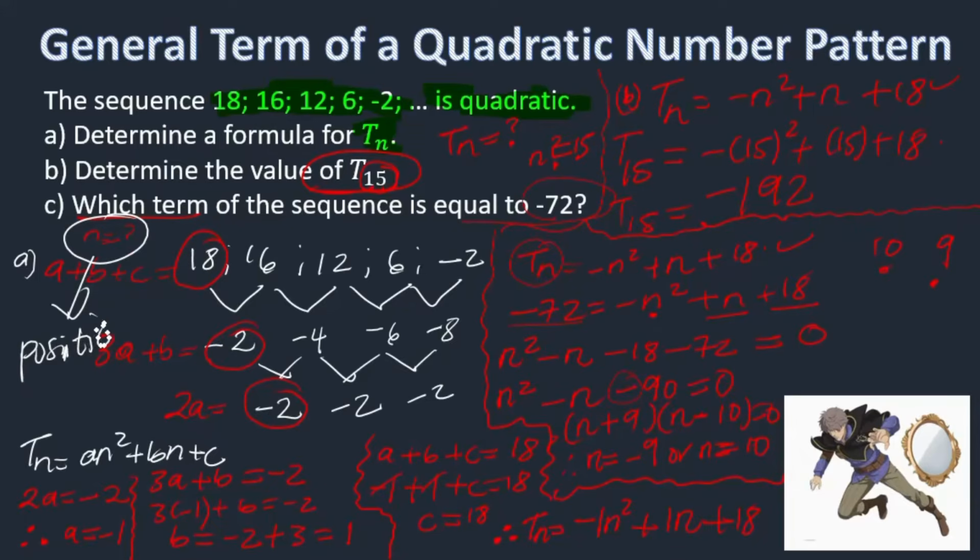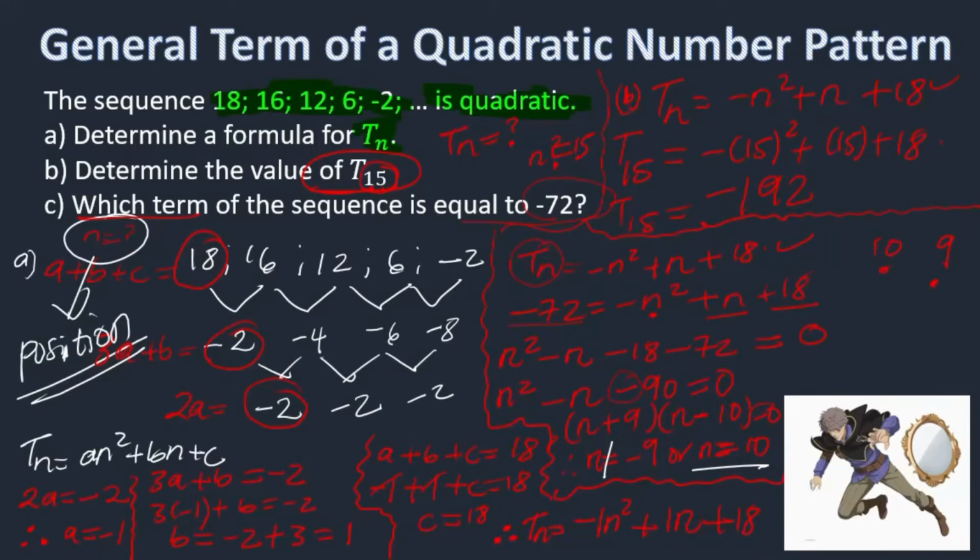Right? That's n. So I cannot have a negative position, especially in grade 11. So I cancel this n being equal to negative 9, and I only keep this one. You see this? You get a mark for cancelling that.